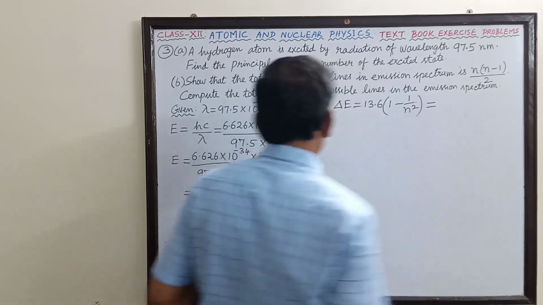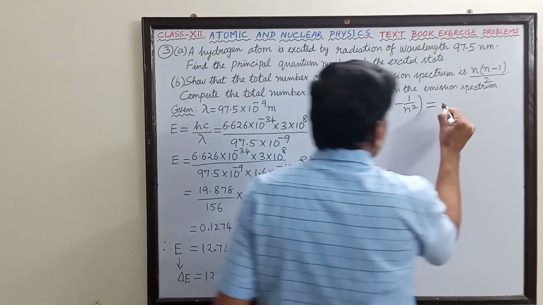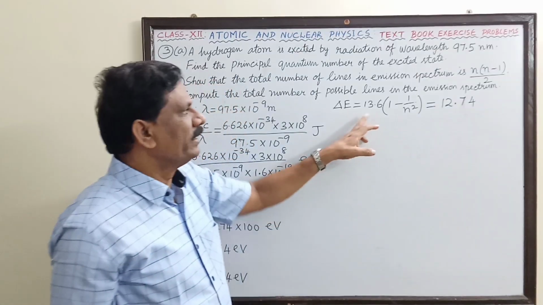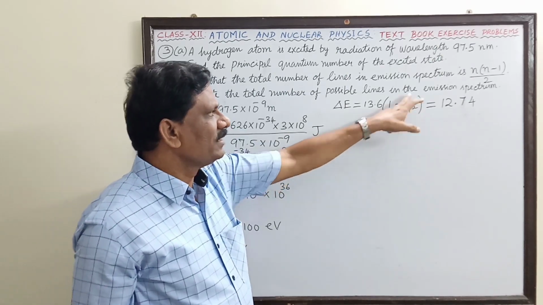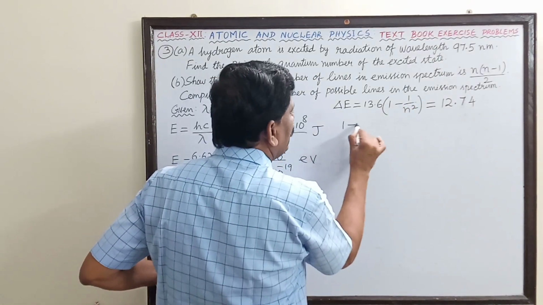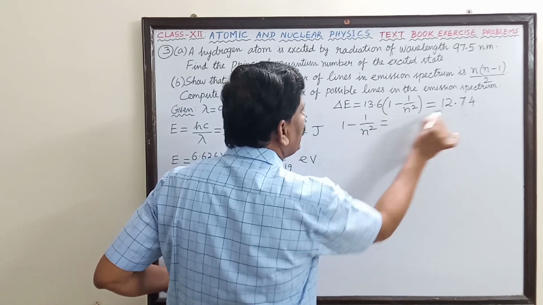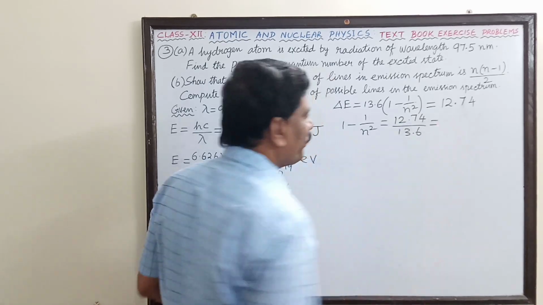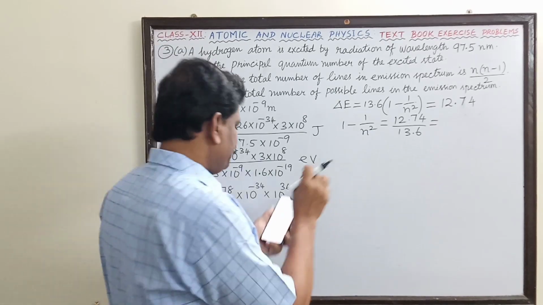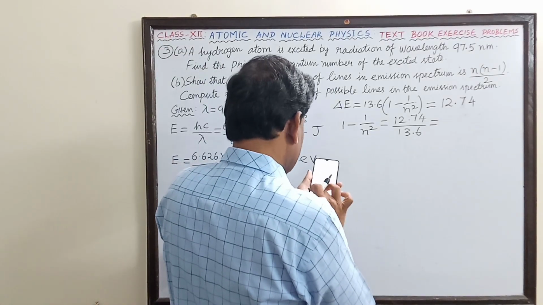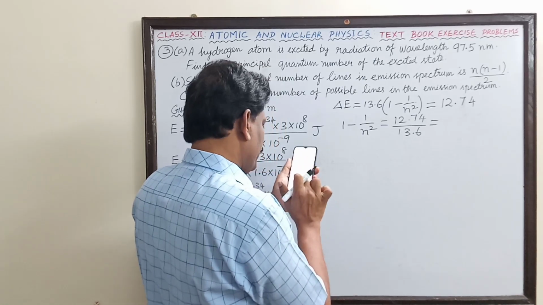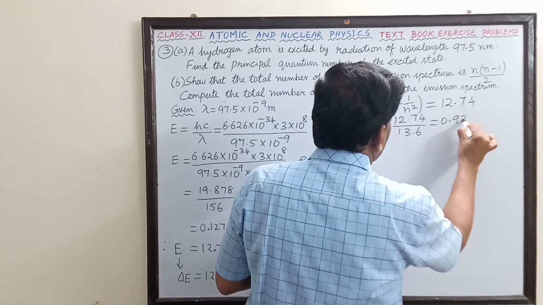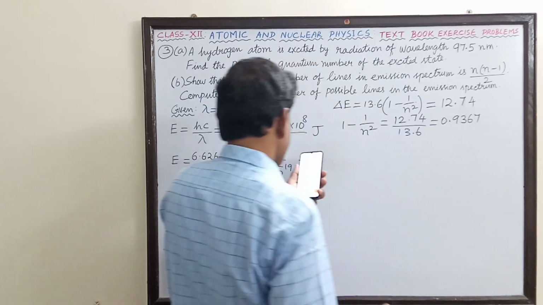So this is now equal to 12.74. So now we need 1 minus 1 by n square. So I will write 1 minus 1 by n square is equal to 12.74 divided by 13.6. So this we have to find, 12.74 divided by 13.6, that is equal to 0.9367.